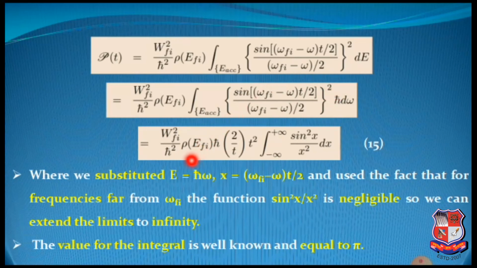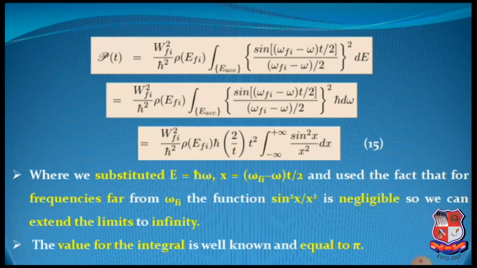The integral term has been normalized: |Wfi|² upon h cut squared rho(E fi) into h cut into 2 by t into t squared, the integration from minus infinity to plus infinity of sine squared x upon x squared dx, where we substituted E is equal to h cut omega and x is equal to (omega fi minus omega) t by 2. We have utilized the fact that for frequencies far from omega fi, the function sine squared x upon x squared is negligible, so we can extend the limits to infinity.